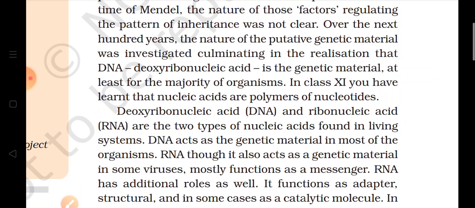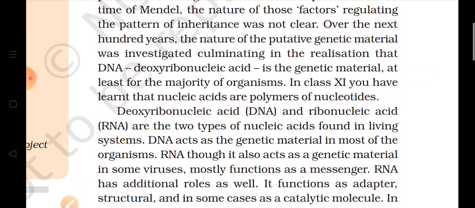In most of the organisms, DNA is the genetic material, but in some organisms, for example viruses, the genetic material is RNA. Now this RNA is genetic material in viruses, but it has some other roles in the body of other organisms also. For example, it can act as an adapter.